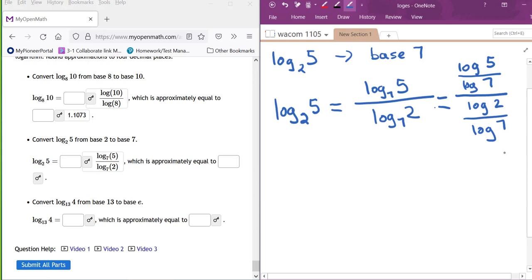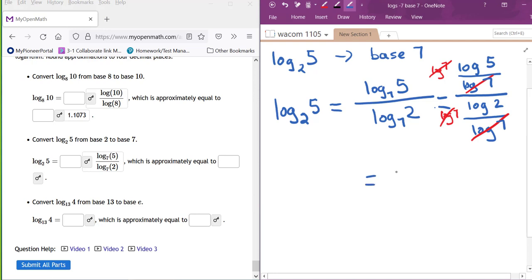And if you remember complex fractions, you can multiply on the top and the bottom by the common denominator. Well, your common denominator is log of 7. It's log base 10. So we're multiplying by that. It's going to cancel these out.